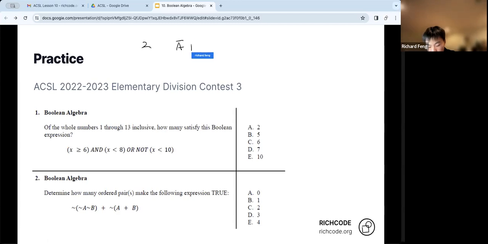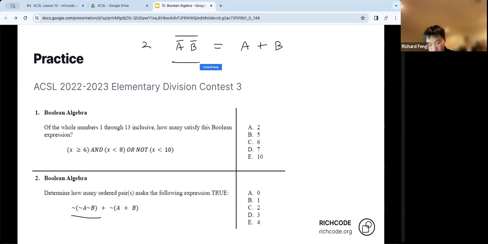So this is not A and not B. If we are to evaluate this, we can negate each term and then flip the sign.